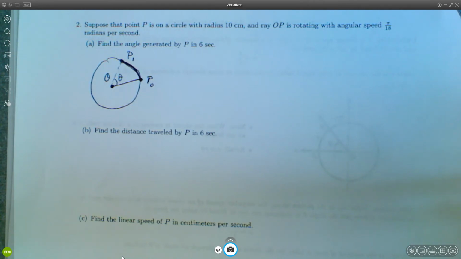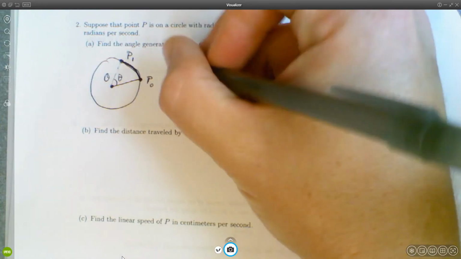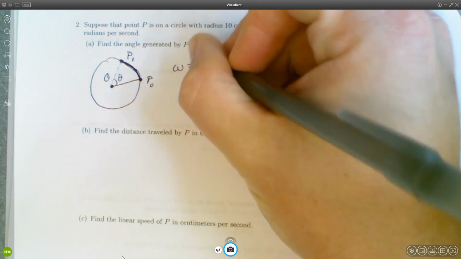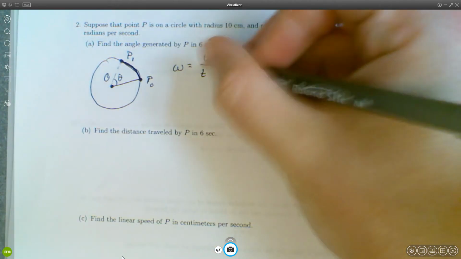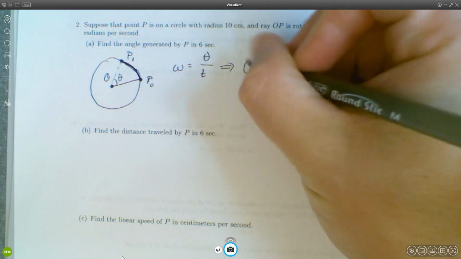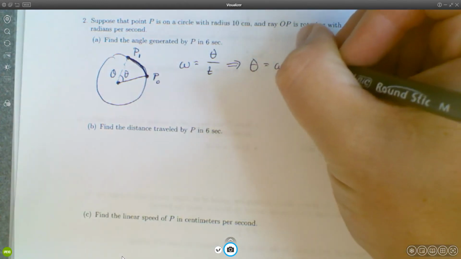Okay. So let's see if we can do this. We know that the angular speed is pi over 18 radians per second, and we know that it's going to travel for 6 seconds. So I'm going to manipulate this equation. Omega is theta over t, and we're looking for theta, right? So theta is going to be omega times t.